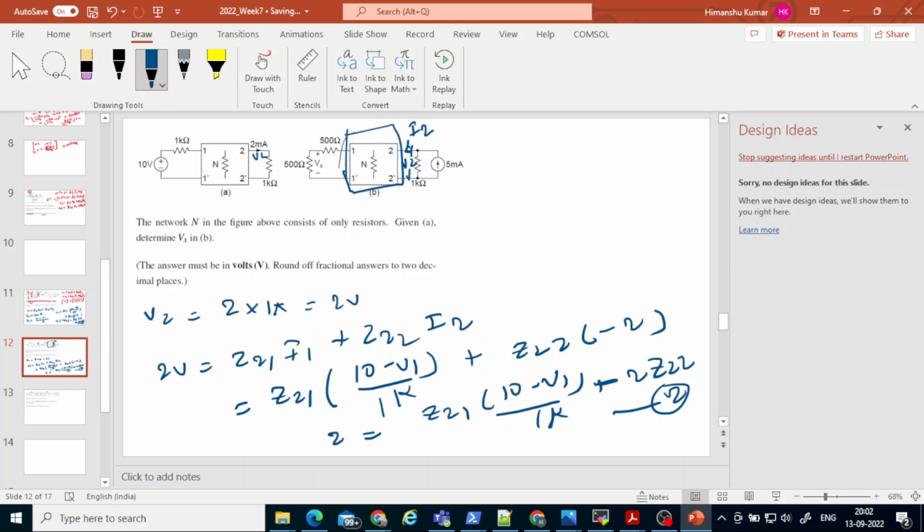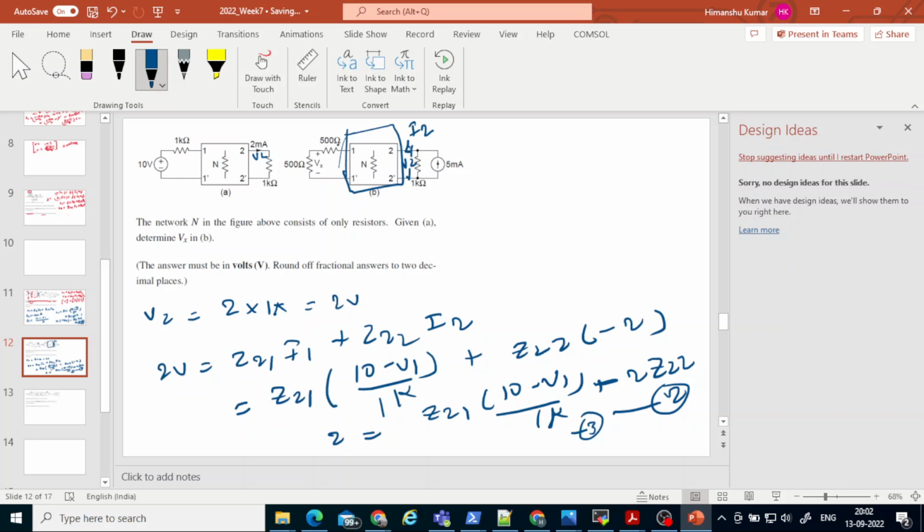Now we need to find the Vx. With these equations, there are three variables. So we can eliminate this V1. With these two equations we can eliminate V1, then we can find the equation in Z11 and Z22, and then those parameters we can put here and apply.